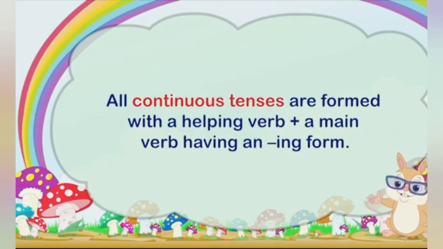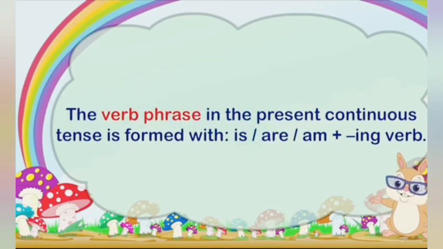All continuous tenses are formed with a helping verb plus a main verb having an ing form. The verb phrase in the present continuous tense is formed with is, are or am plus ing verb.